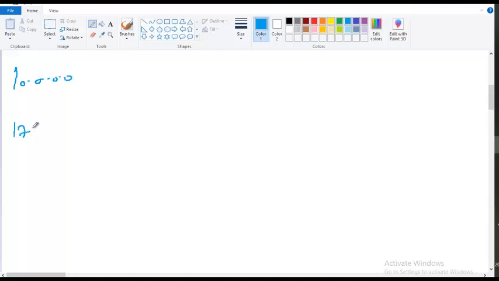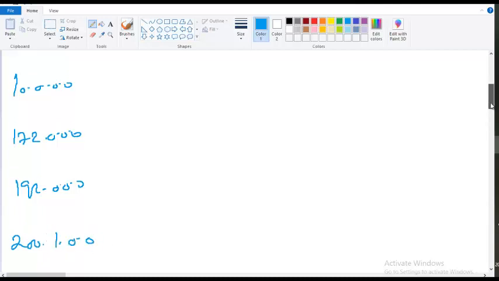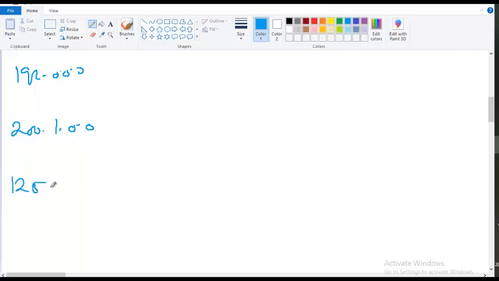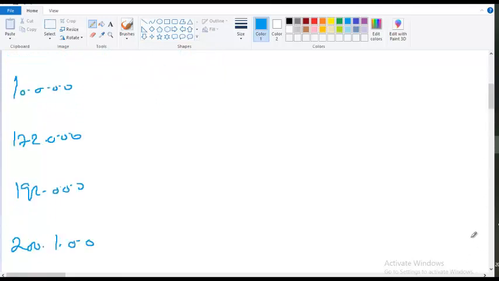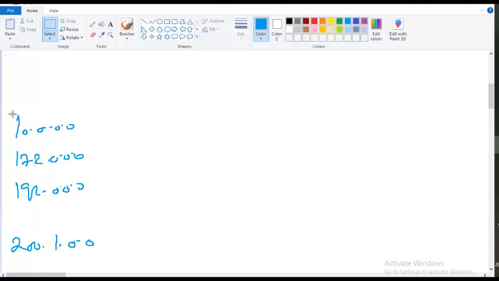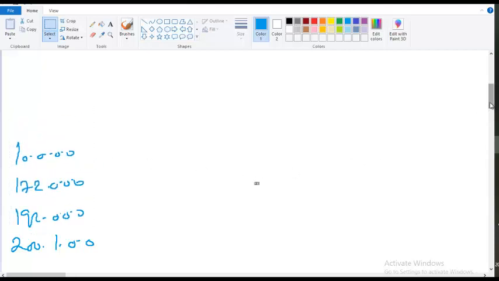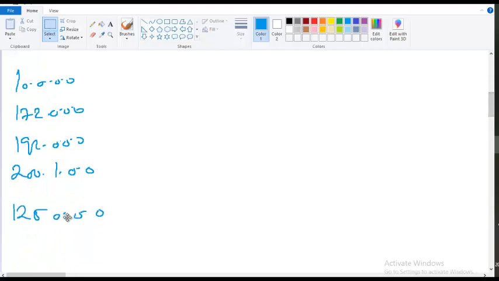10.0.0.0, 172.0.0.0, 192.0.0.0, 200.1.0.0, 128.0.0.0, and then 225.0.0.0.